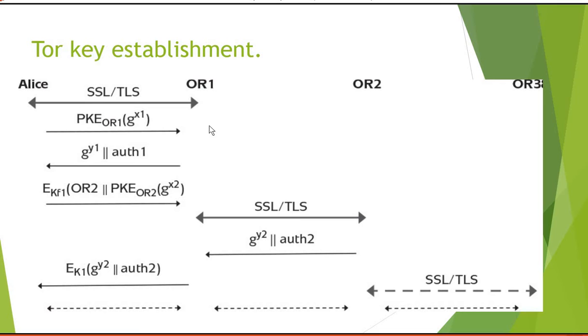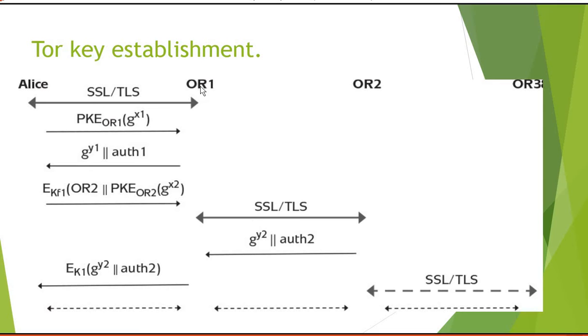After that, between onion router 1 and onion router 2, the secure channel will be created using SSL/TLS. Then onion router 2 will transfer g^y2 and authentication information to onion router 1. That will be encrypted using the key known to Alice and onion router 1.